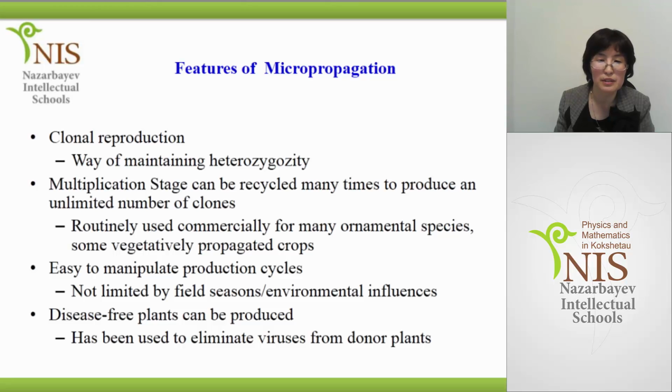Routinely used commercially for many ornamental species and some vegetatively propagated crops. Easy to manipulate production cycles, not limited by wild seasons or environmental influences. Disease-free plants can be produced, and it has been used to eliminate viruses from donor plants.